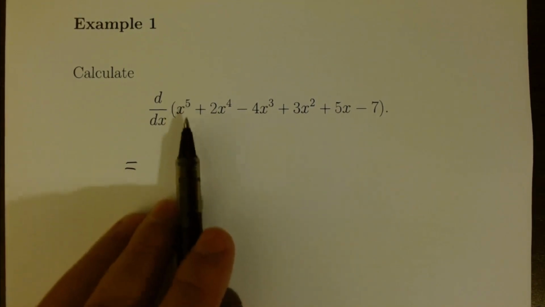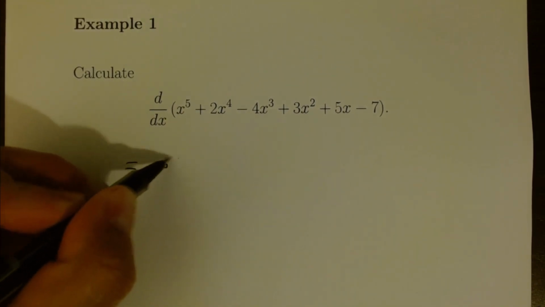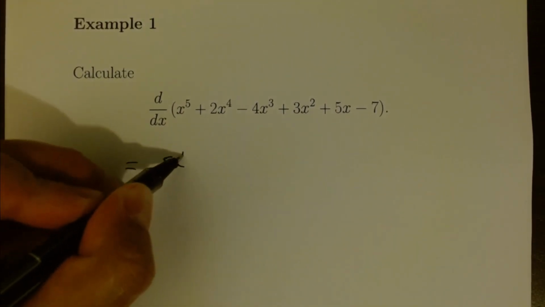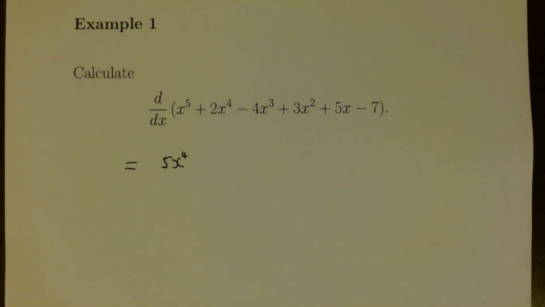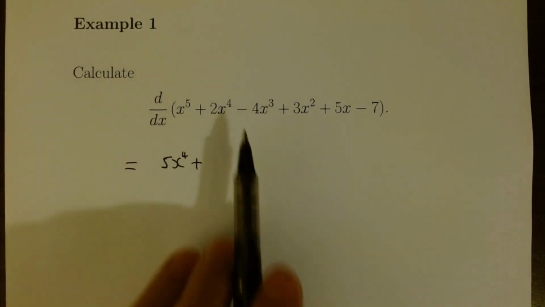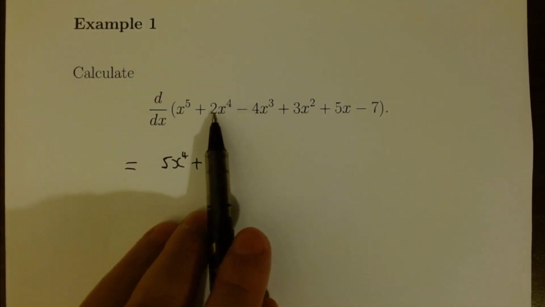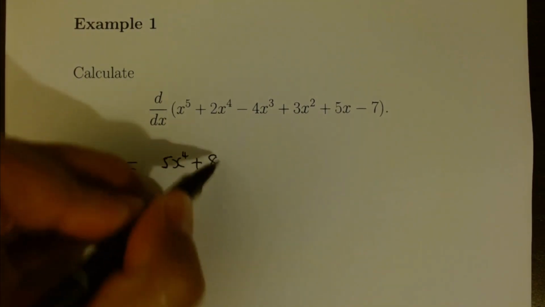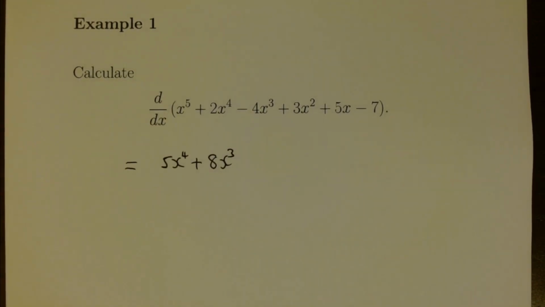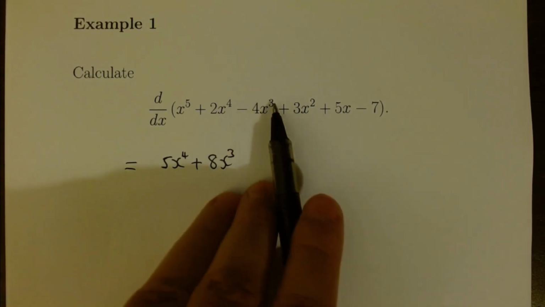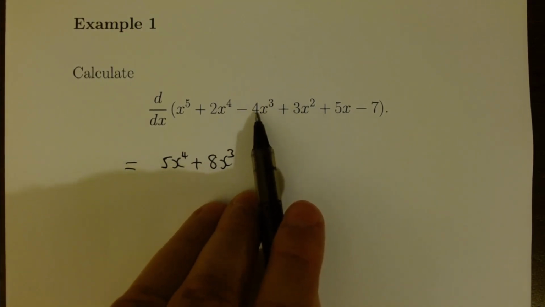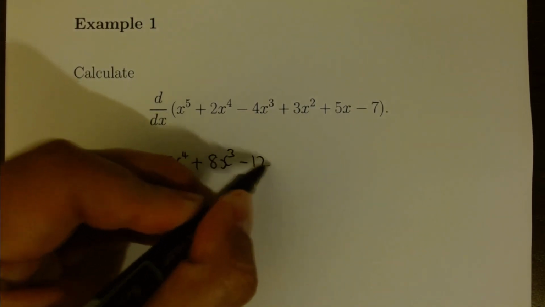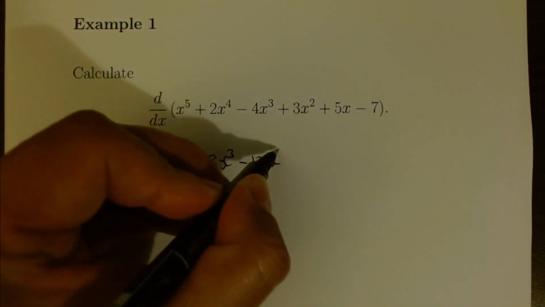So x to the 5 comes down and you minus 1 off the power. Then you have plus, then the 4 comes down, multiplies the 2 to give you 8, and you minus 1 off the power. 3 comes down, multiplies the 4 to give you minus 12, x, and then you get a squared.